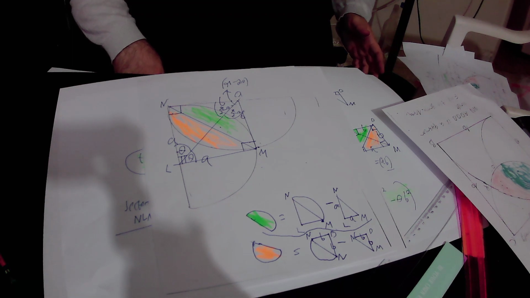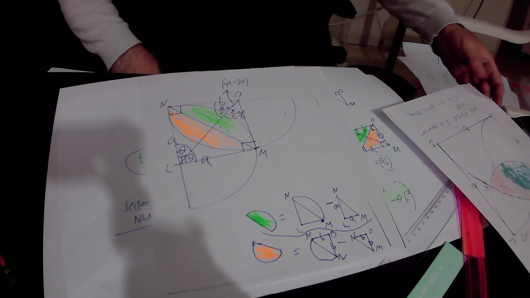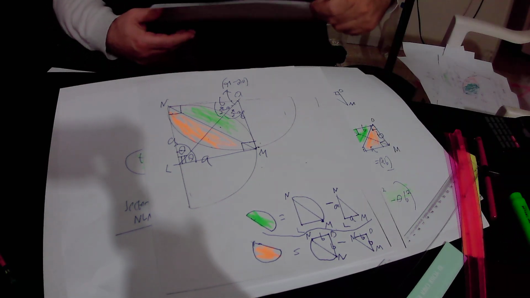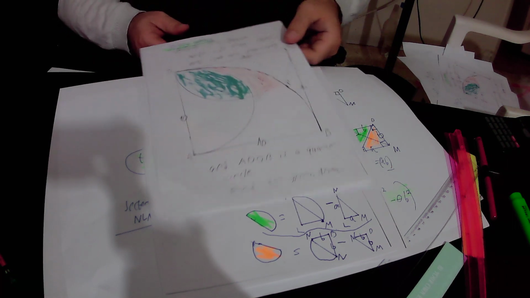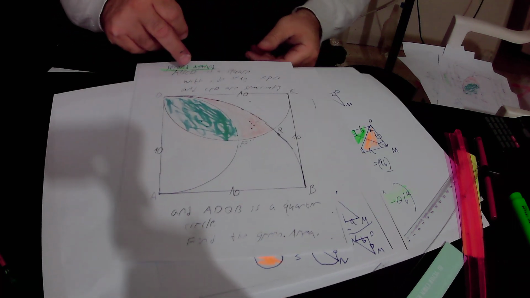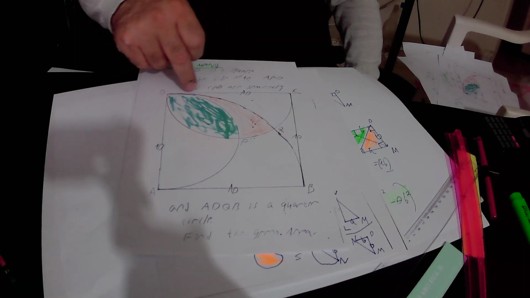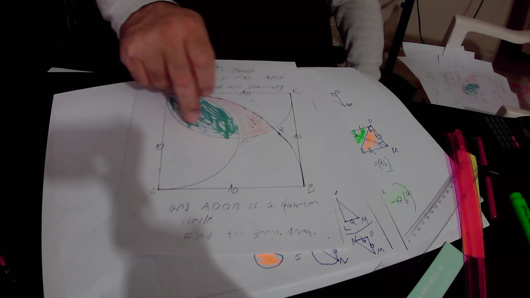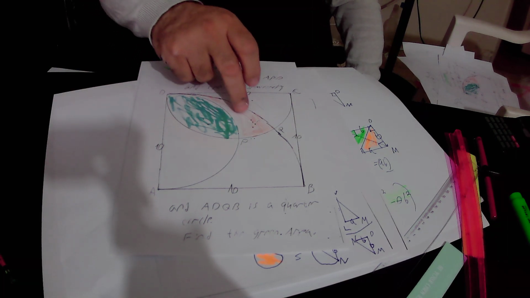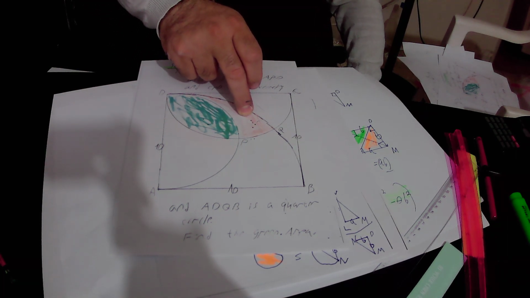And then in this general formula we put the area of the big lens, and we subtracted from the area of the big lens the area of the blue lens. This gives us the area of the orange shape.